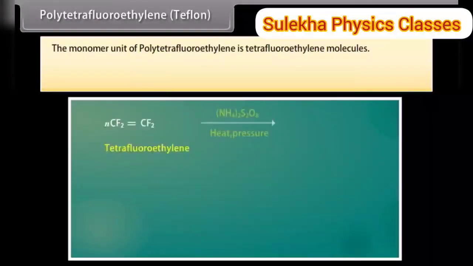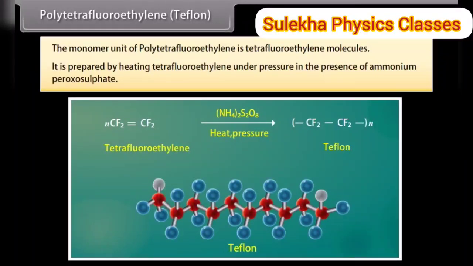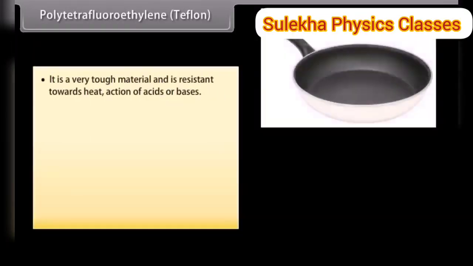Polytetrafluoroethylene, Teflon. The monomer unit of polytetrafluoroethylene is tetrafluoroethylene. It is prepared by heating tetrafluoroethylene under pressure in the presence of ammonium peroxosulfate. It is a very tough material and is resistant towards heat, action of acids or bases.